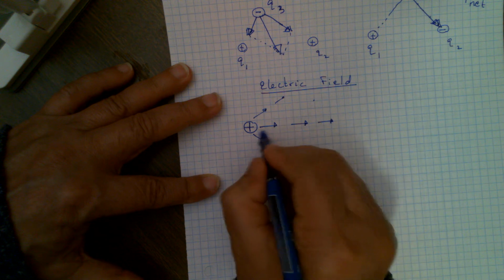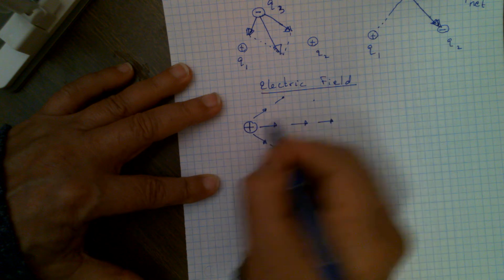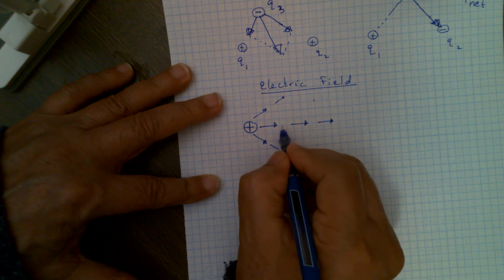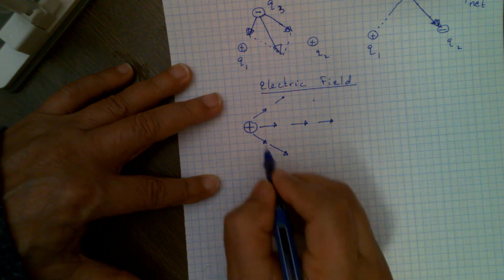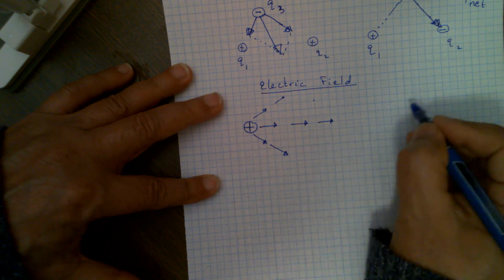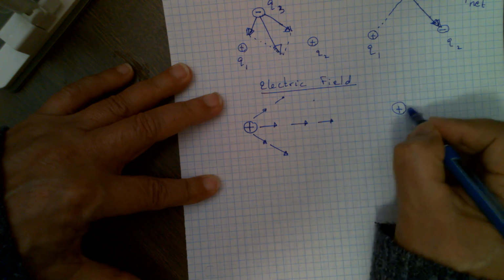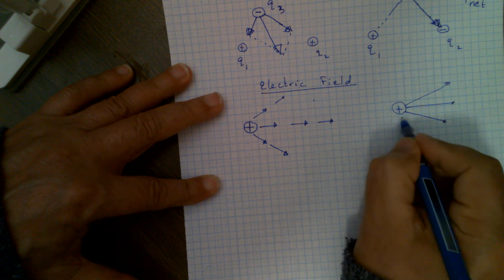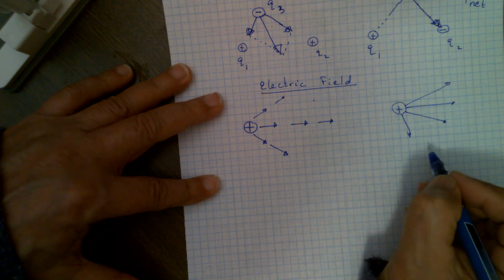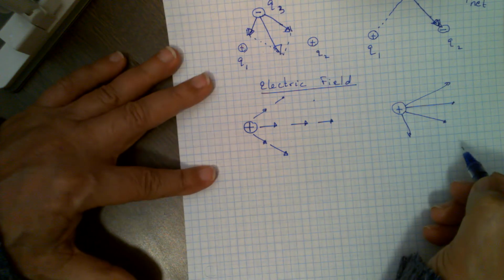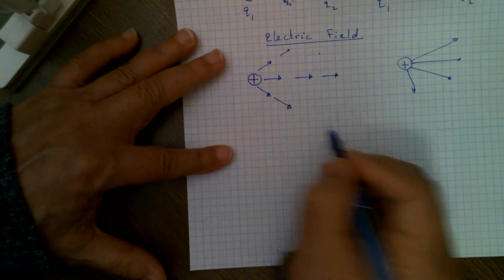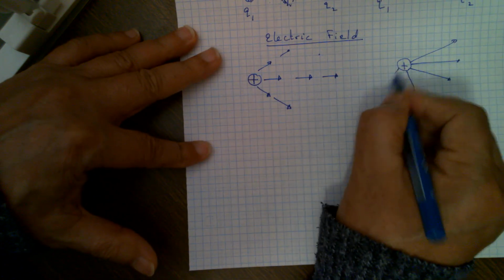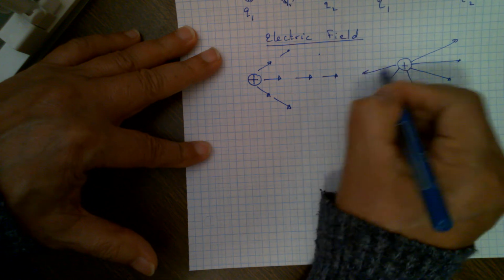And that electric field line will be continuous, but I don't want my line to be crooked, so I'm just drawing little arrows. But actually, electric field lines will be like this, all right? Not too bad. I was afraid that my lines were going to be crooked. It's not only onto the right, it's in every direction, right?